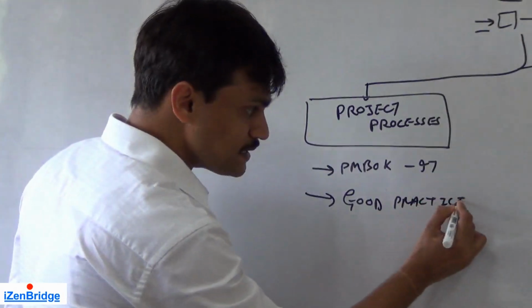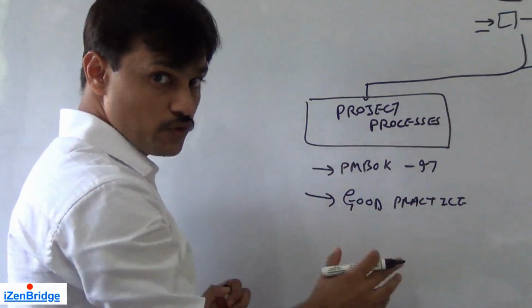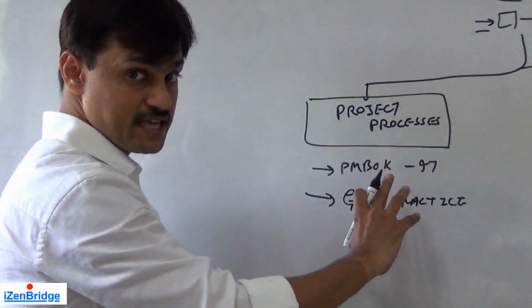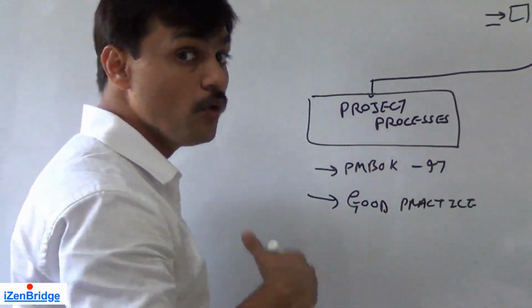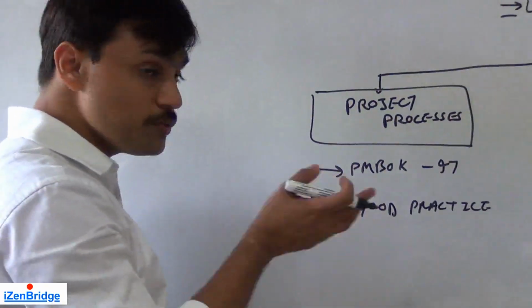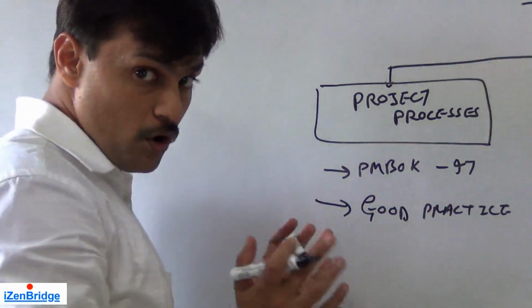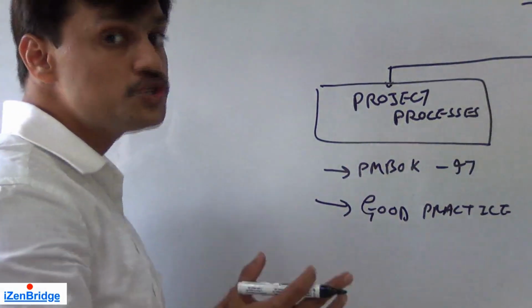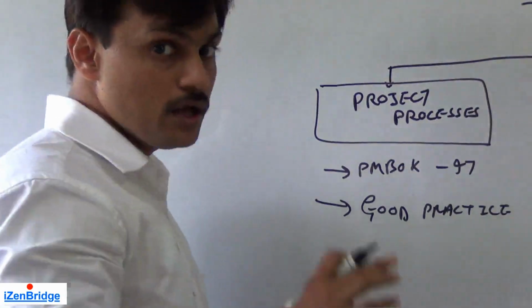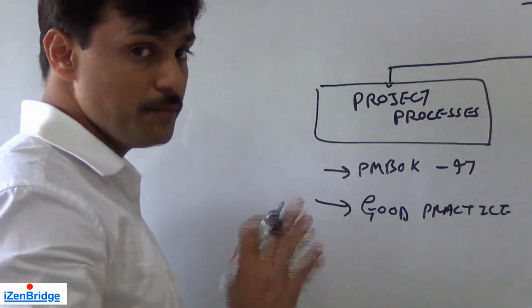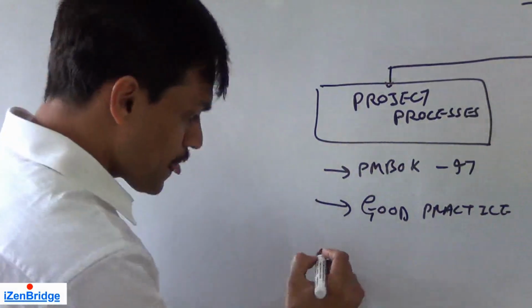So it's not necessary that you can run a successful project just by using all these 47 processes. You may need to add more processes, or you may need to remove some of the processes given in this book. But it constitutes that in a normal environment, these processes help in managing projects well.